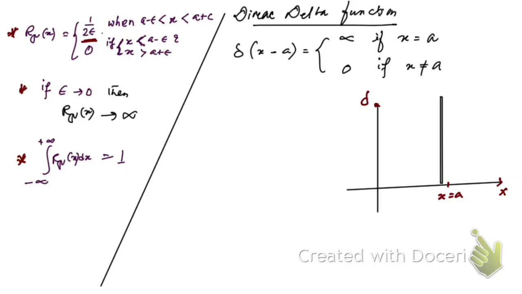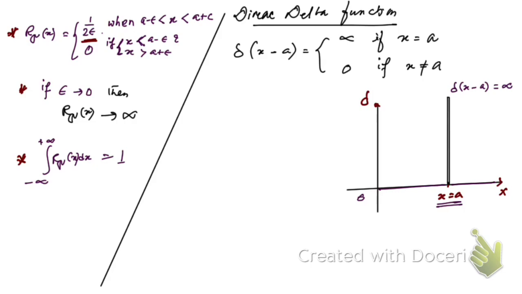Here you see, delta of x minus a is nothing but infinity. At this point, x is equal to a, this function delta x minus a is infinity. And at other points where x is not equal to a, its value is 0. So hope you have understood this.